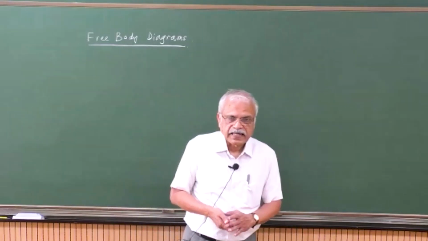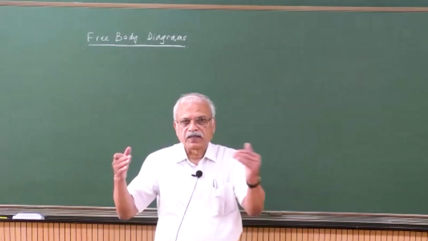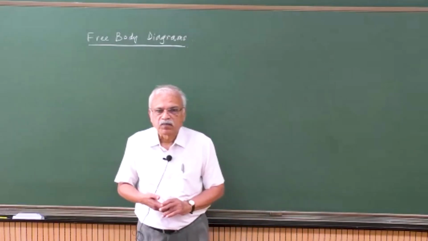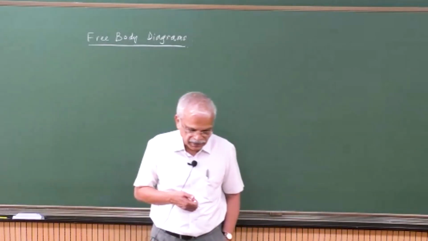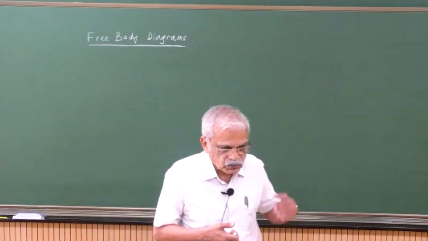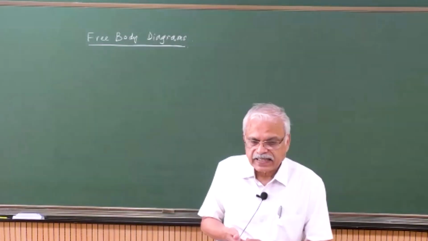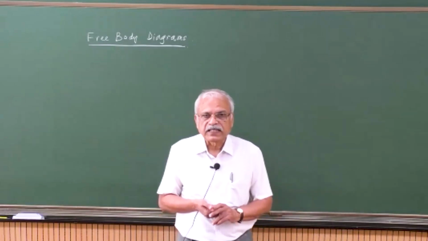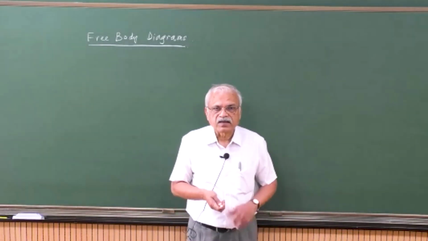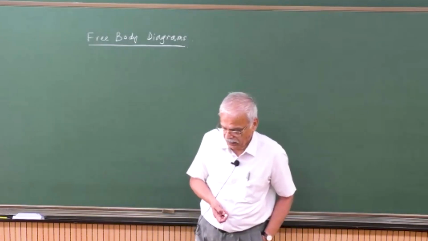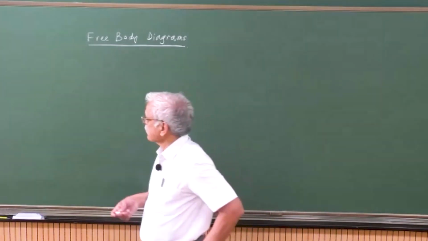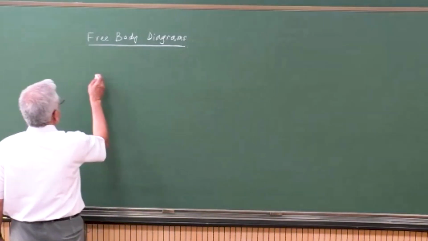Because these are transmitting the forces between the components, you have to put those internal forces as external forces on this body. How that interaction takes place depends upon the nature of the contact. There are several types of contacts, and several interactions possible.